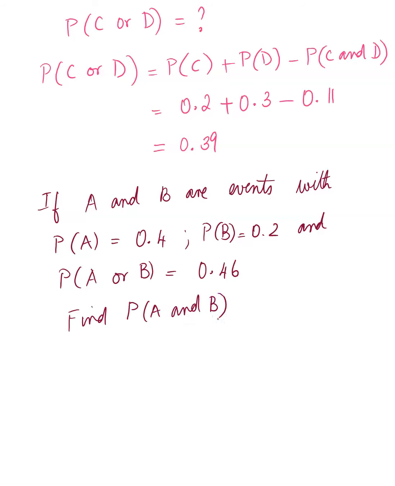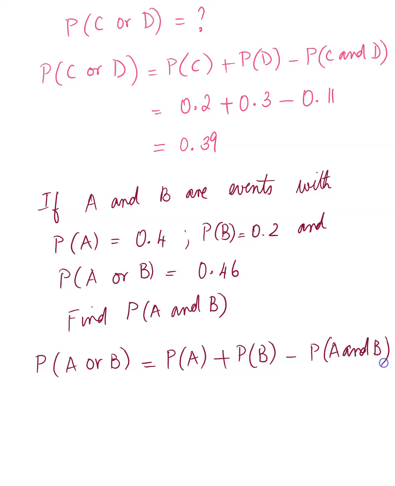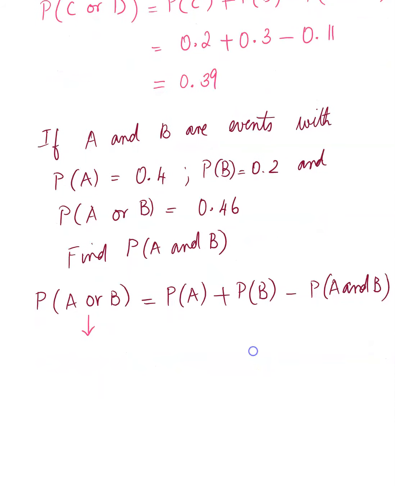Okay, so again remember this is a mathematical move because we are still using A or B, the addition rule, which says P of A plus P of B minus P of A and B. But we usually try to find A or B, but here they've given A or B and they're asking us to find A and B. So let's fill in what we have. 0.46 equals 0.4 plus 0.2 here minus, and this is what is missing.